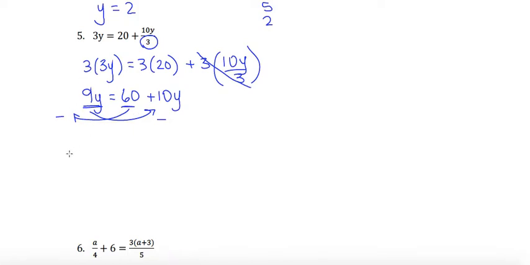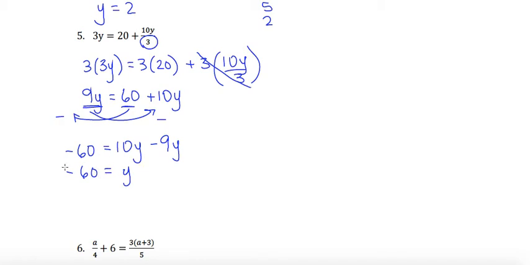So I'm going to have a negative 60 on the left-hand side, and on the right-hand side I'm going to have 10y, and I'm taking away 9y. So let's simplify these like terms. So I have negative 60 is equal to 10y subtract 9y gives us just y. So y is equal to negative 60.